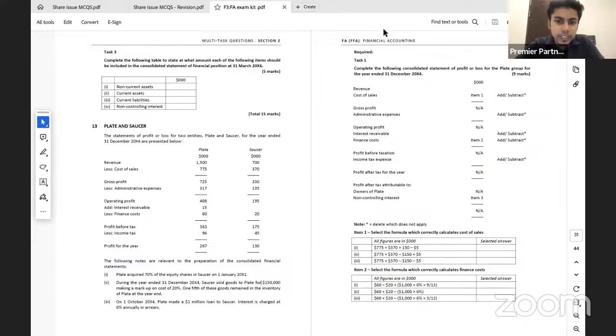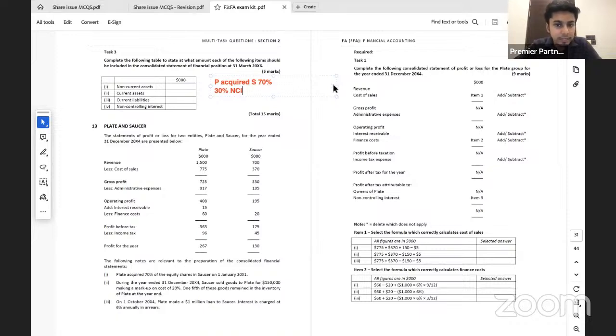Okay. So what you do, guys? First thing, you set up the structure. Setting up the structure means you try to understand in your mind, okay, who bought whom? Plate acquired whom, guys? Saucer, how much percent? 70%. That means, guys, how much percent is left? 30% is left. That is what we call NCI, non-controlling interest.